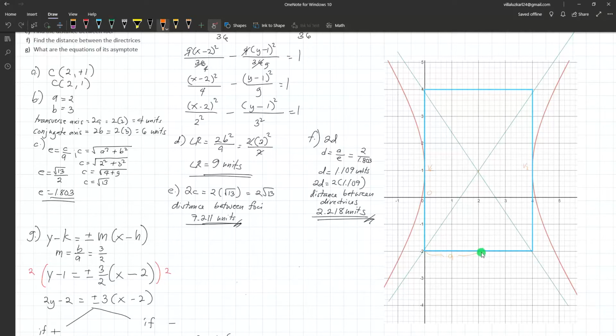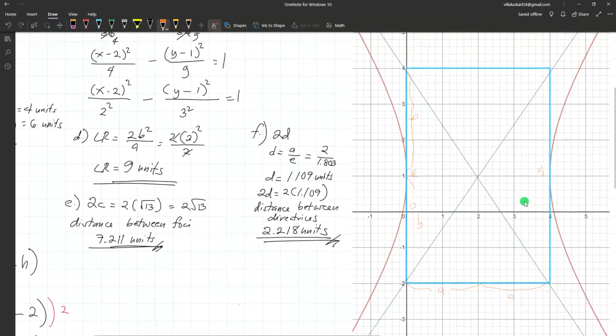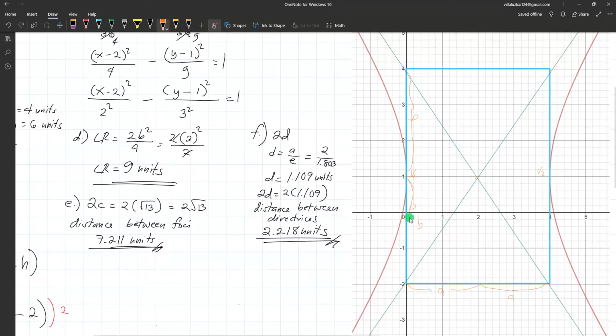For the conjugate axis, this is b, from the vertex to that corner. This is distance b. Now, after drawing that rectangle, draw the asymptotes. They are lines.